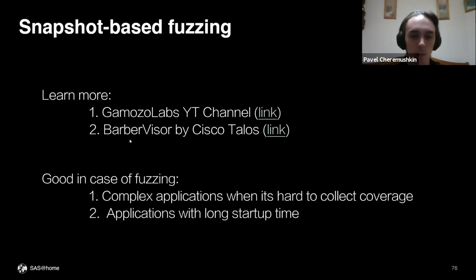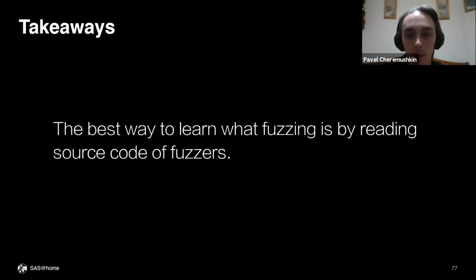When I share the slides, you'll be able to click these links, obviously. So yeah, two points: long start time and complex applications where it's hard to collect coverage. This is where snapshot-based fuzzing is really good.